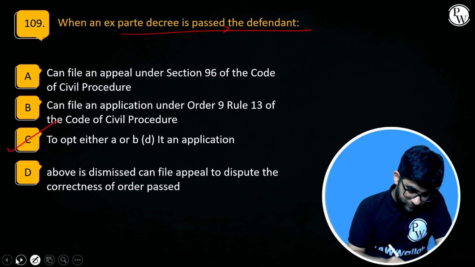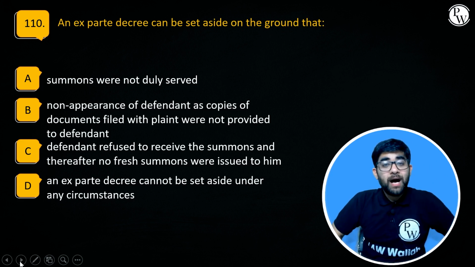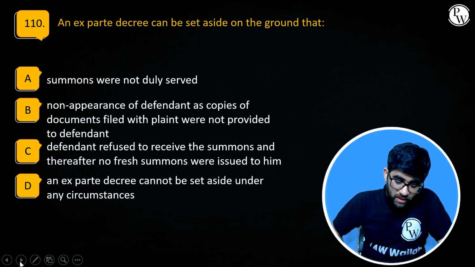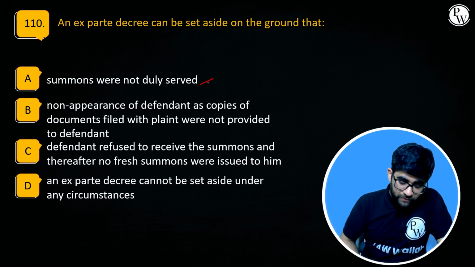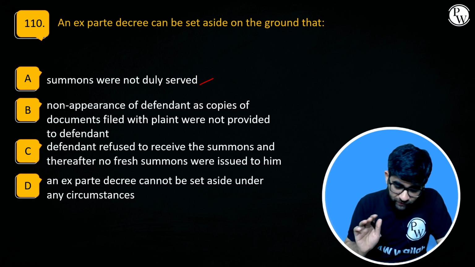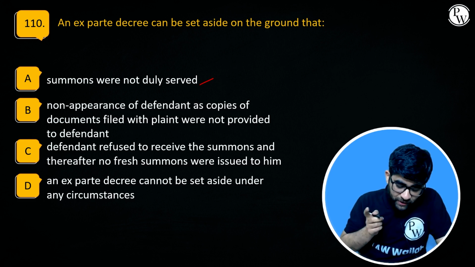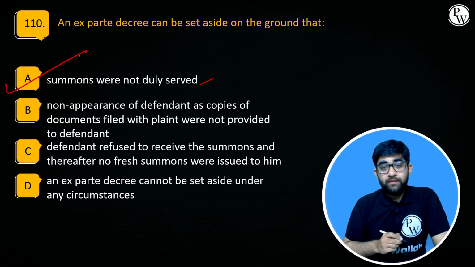Next, an ex parte decree can be set aside on the ground that summons were not duly served, non-appearance of defendant, as copies of the documents filed were not provided to the defendant, defendant refused to receive the summons. An ex parte decree cannot be set aside under any circumstance? No. Summons were not duly served.